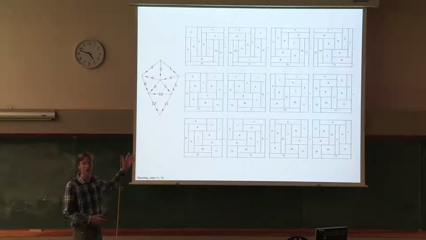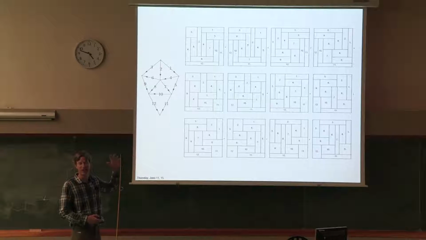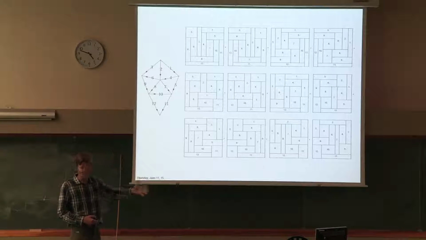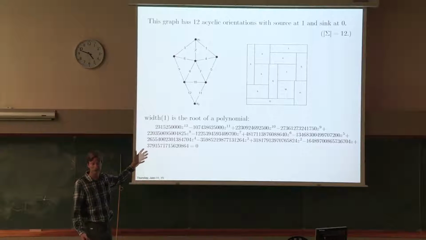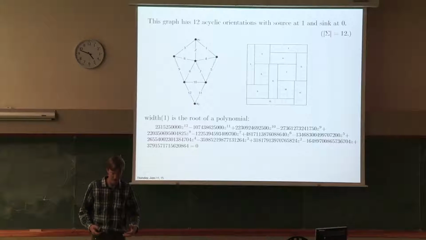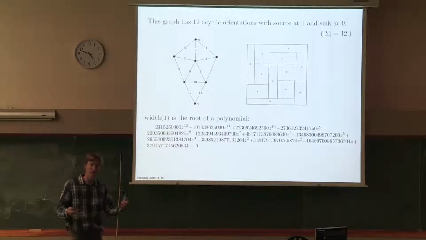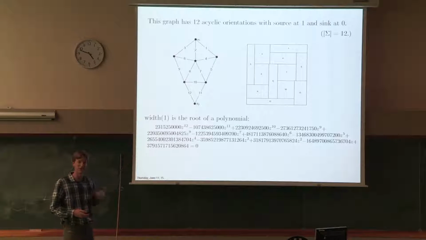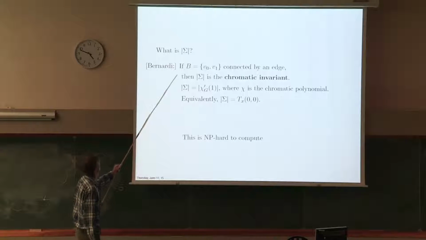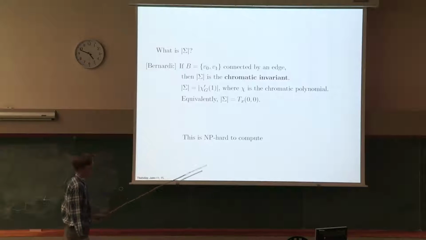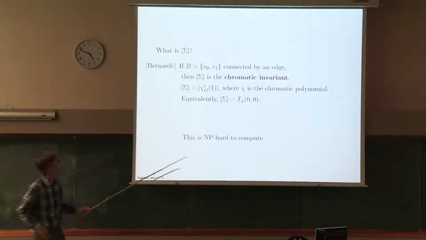I didn't know there were 12 solutions ahead of time. I just plugged in my graph, asked it to solve that equation, and it spat out these 12 solutions. Counting the number of bipolar orientations of a graph is an NP-hard problem, but the computer can do it for small examples. So what is this number of orientations? It's a classical graph invariant.